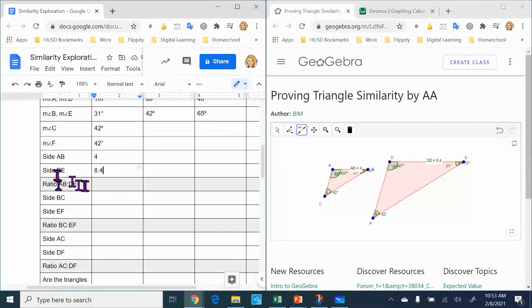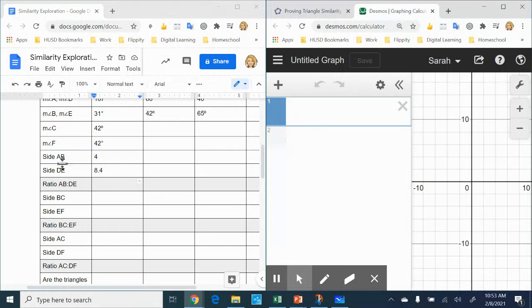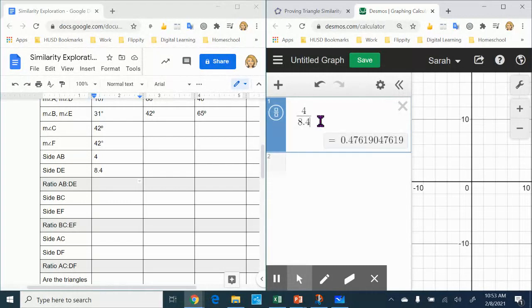Now we need to figure out the ratio of AB over DE. That's where the graphing calculator will come in handy. We need AB on top, so I'm going to put 4 on top, then divided by 8.4. It'll give you a decimal. You could leave it like that, but we're going to leave it as a decimal.